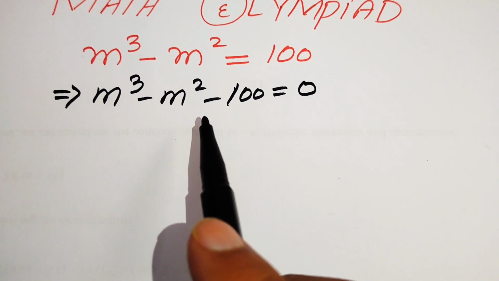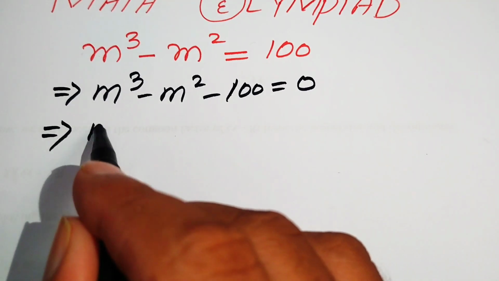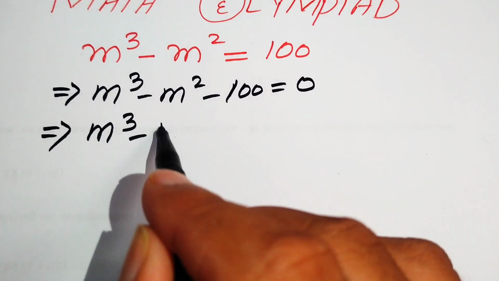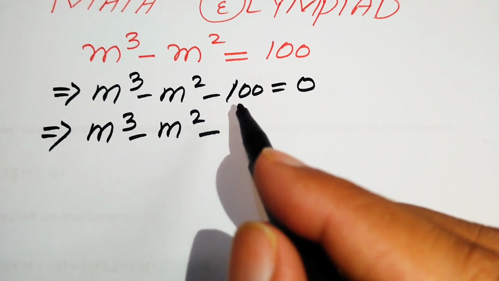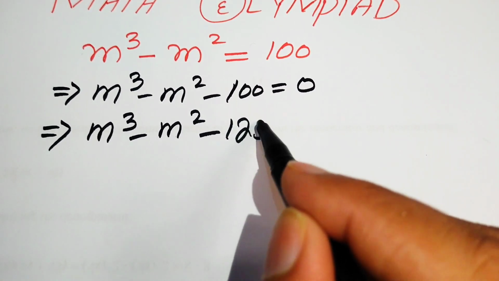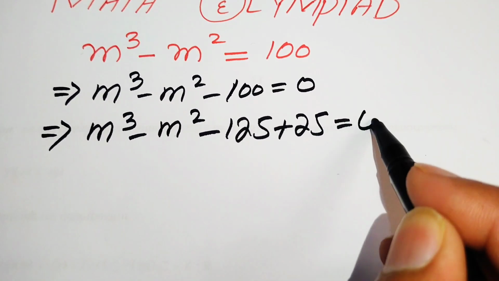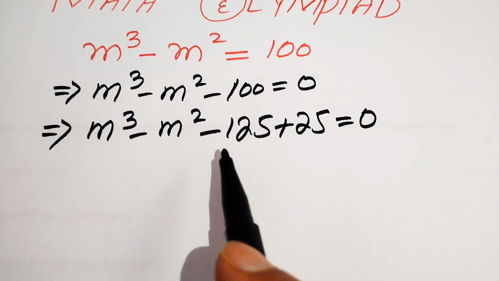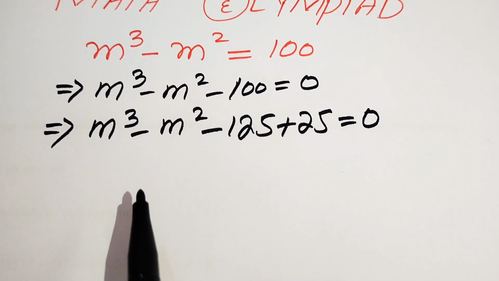Now we need to find these 3 roots, so first we rewrite this equation as m cubed minus m squared minus, we have this 100, and we write it as minus 125 plus 25, equals 0. Here we see that minus 125 plus 25 equals minus 100.